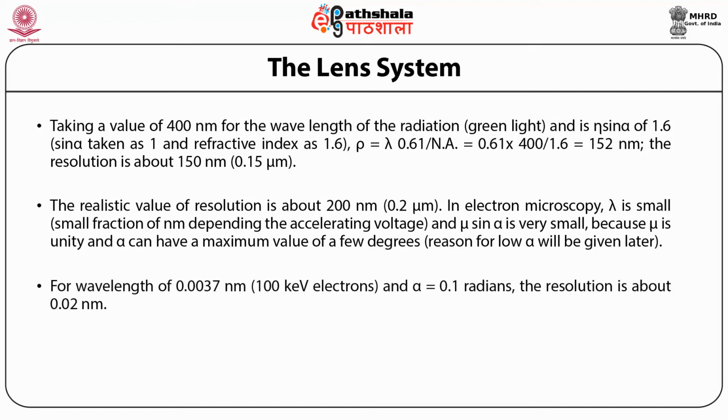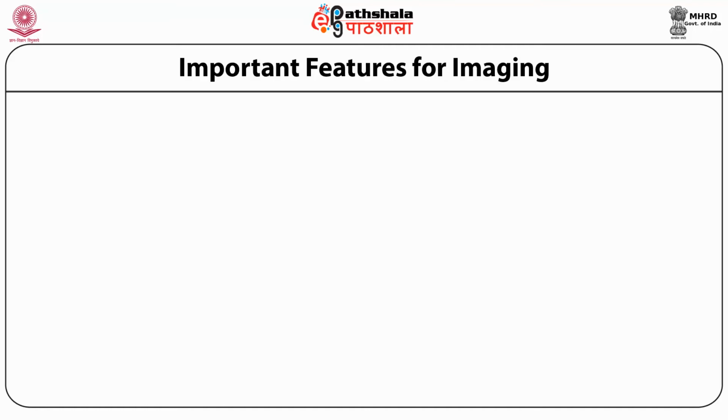For a wavelength of 0.0037 nanometers, that is 100 keV electrons, and alpha equal to 0.1 radians, the resolution is about 0.02 nanometers. Now, let us consider the important features for imaging.